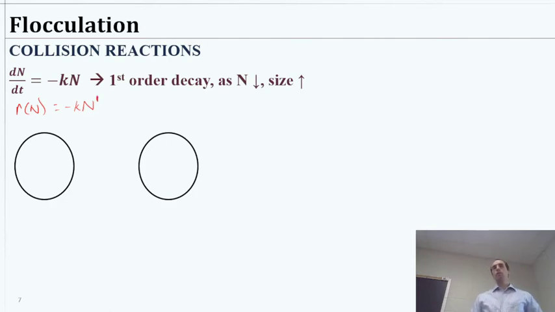Right, so we've got a first order decay reaction, which makes sense because as we decrease the number, we didn't cause any to disappear. They're all just sticking to each other. So there's fewer of them, but they are becoming larger particles. So let's say we have 5, 6, 7, 8, 9. Let's put 12 little particles here. And then during our flocculation, we ultimately end up with, let's say, 2 particles, each with 6 of the subunits.